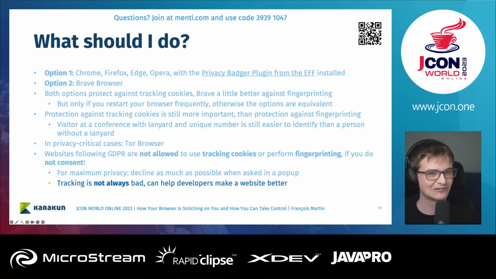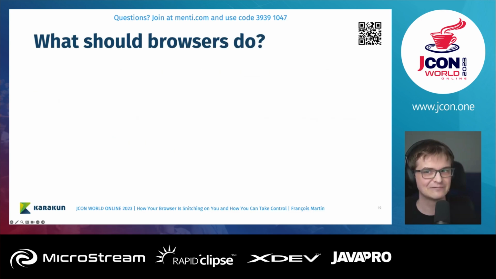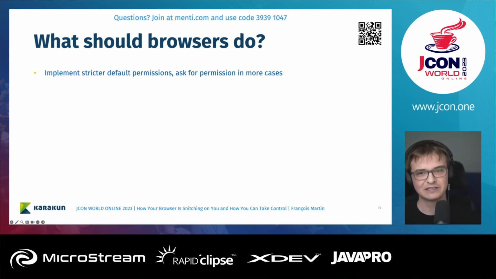So now that we looked at what you can do, let's see what browsers should do to improve this for the future. I think the browsers should implement more strict default permissions and ask for permissions in more cases. For example, I don't see why the accelerometer data should be something that you grant automatically from the start.